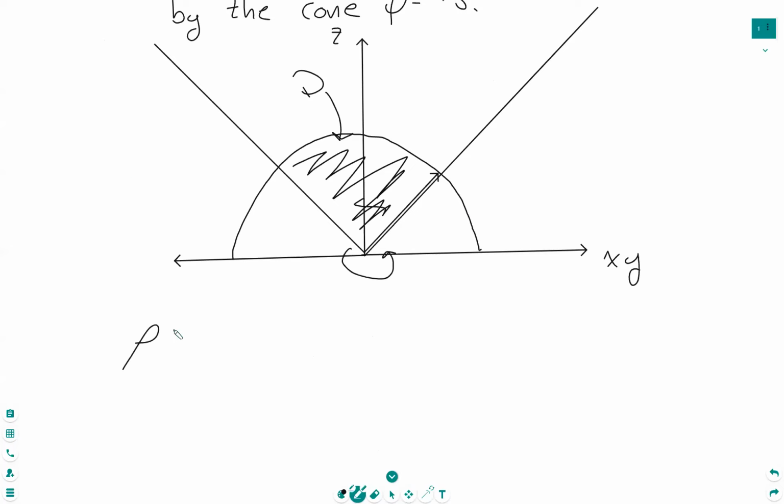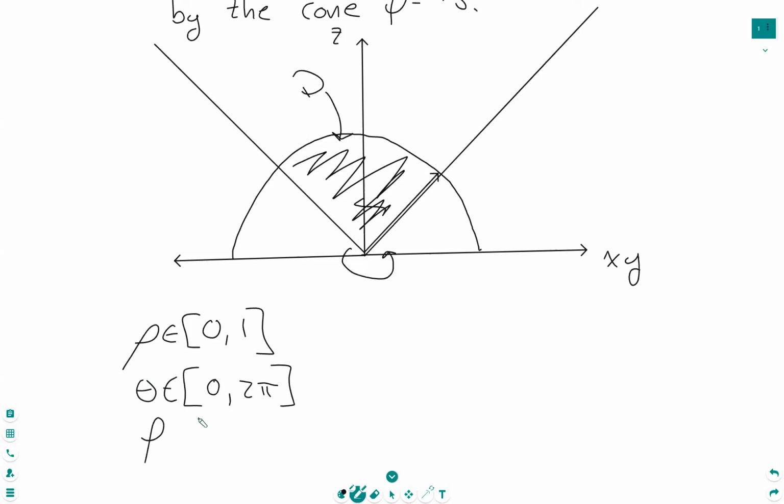So rho goes from 0 to 1. Okay. In order to make this object in theta, we have to go all the way around. So theta goes from 0 to 2 pi.